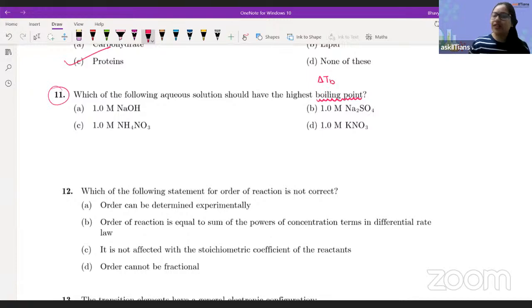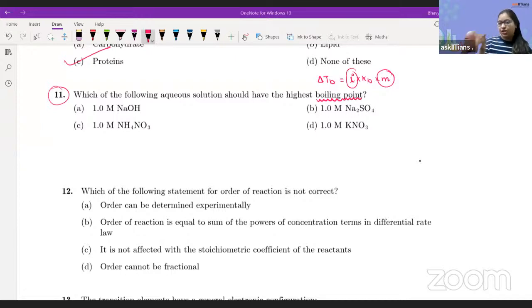So I know that delta Tb is equal to i into Kb into m, which suggests that the more the concentration and the more the value of i, the more is the boiling point difference. And the higher the boiling point difference, the higher is the boiling point, because the boiling point has to increase. So more difference means it will increase to a higher value with respect to 100, right?